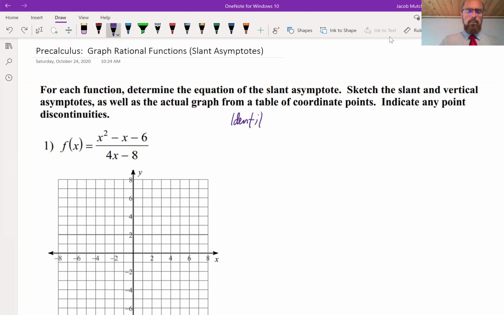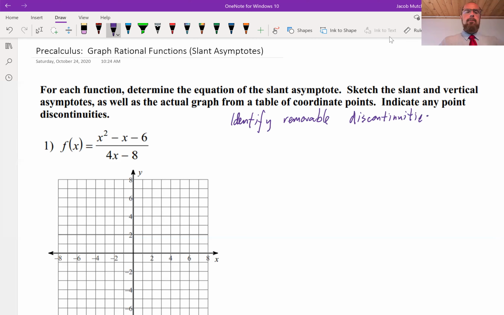The way we do that is by factoring any polynomial in the numerator or in the denominator, and looking for any cancellations.